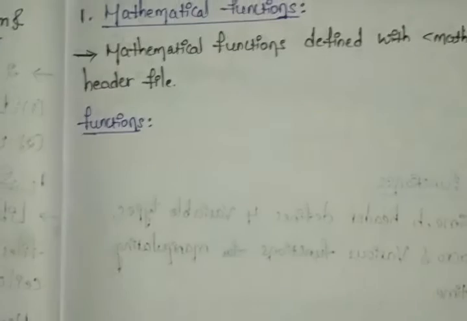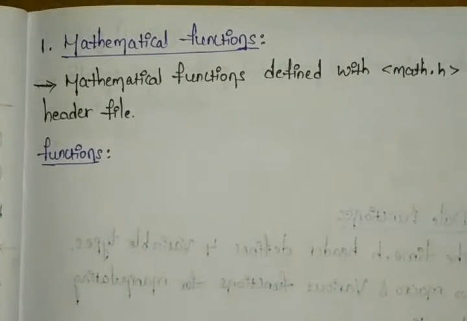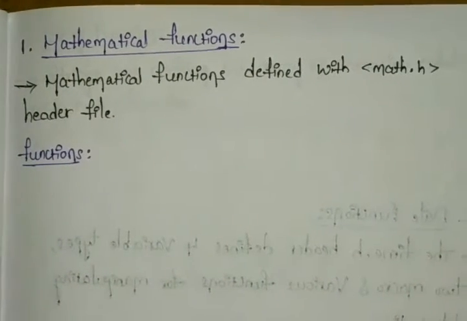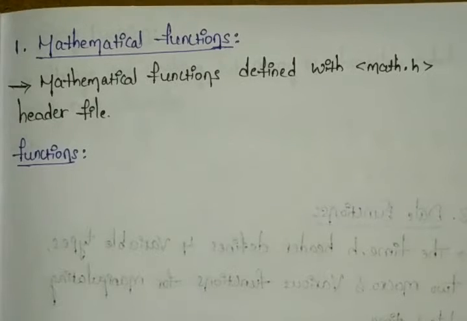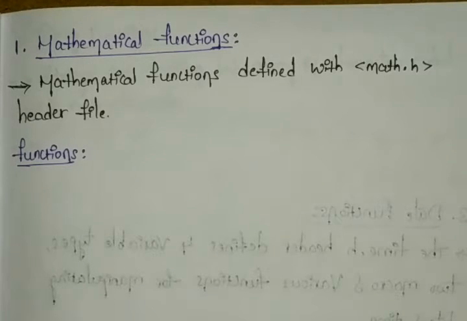Just you can see here we have the mathematical function. By using the mathematical function, we can define our math.h header file. Whenever you're performing programs, it may not be only addition, subtraction, multiplication, divisions. Those are simple programs only.